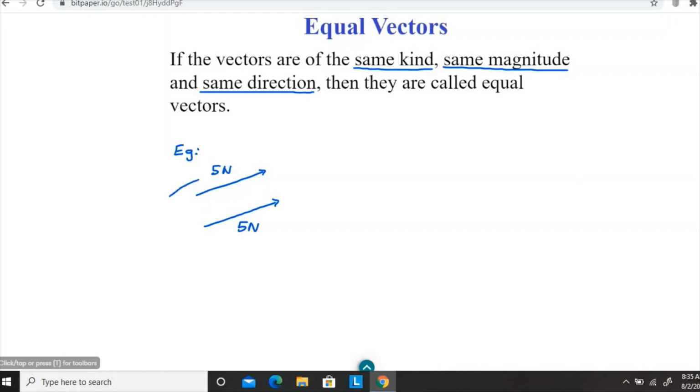And also these vectors are of the same kind. They are forces. So as a result, we can say that these vectors are equal vectors. Now let's look at this example where we have a 7 meter displacement vector and a 7 Newton force.